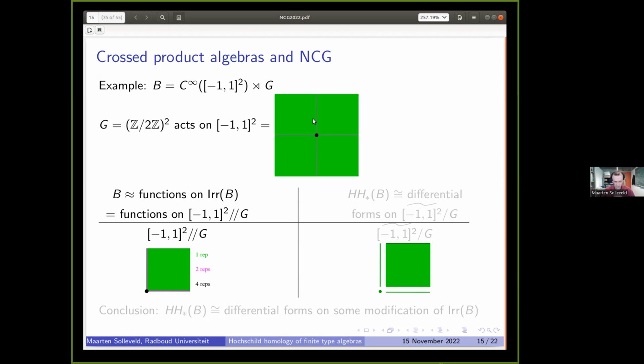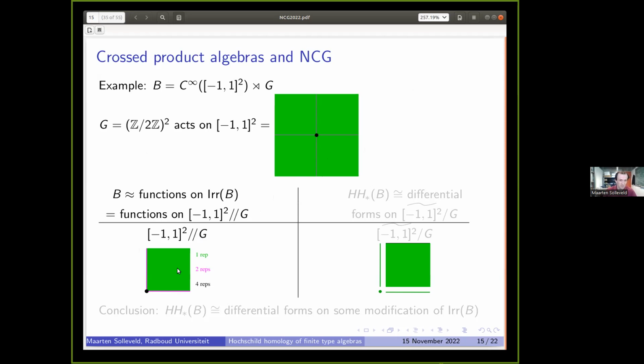If you compare it with the previous sheet, the irreducible representations are parameterized by the quotient of this square by the group, but it's an extended quotient, which means that if you look at it just from a geometric point of view, you actually get some non-Hausdorff points. So the quotient looks something like this.